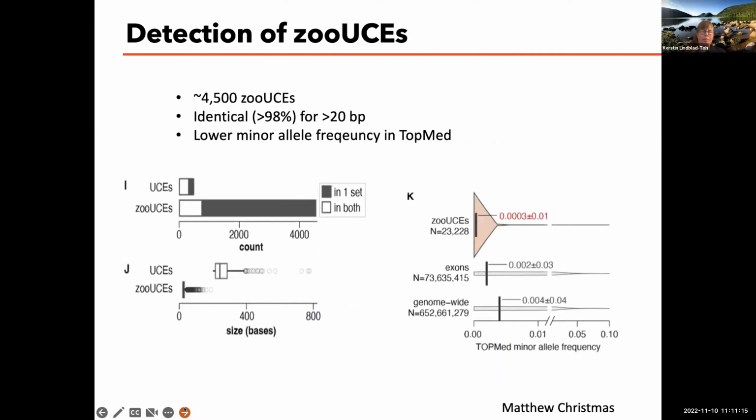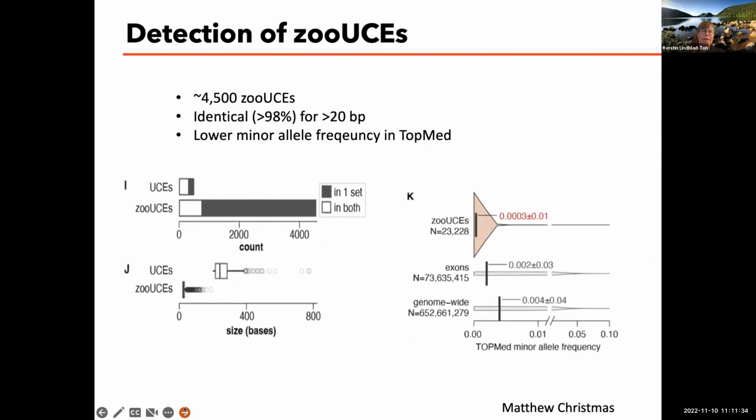Early on, when there was mouse and rat and human and dog to look at, people identified ultraconserved elements, and these were typically 200 base pairs or larger, and in principle identical.